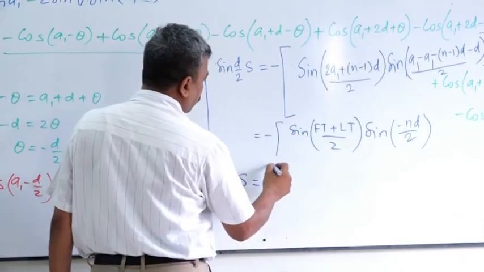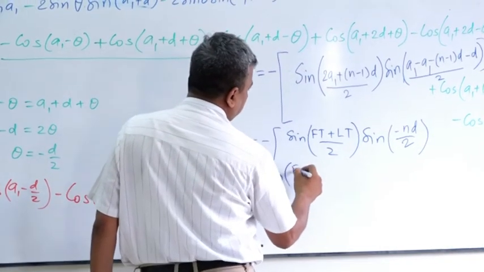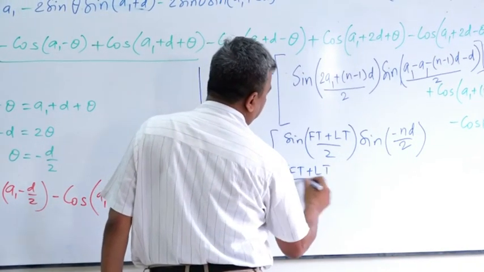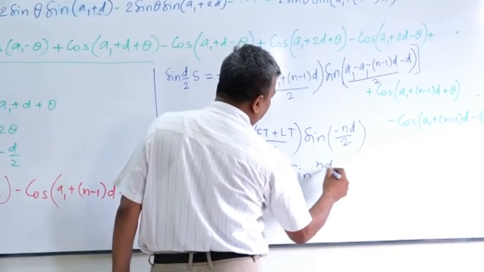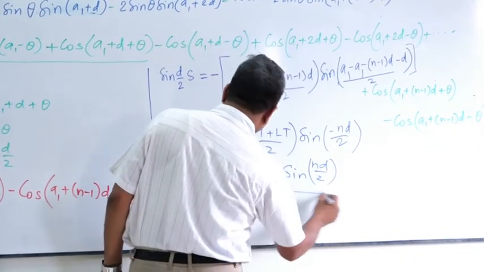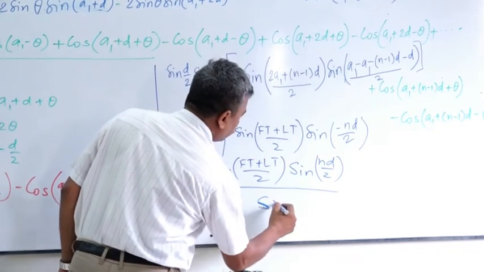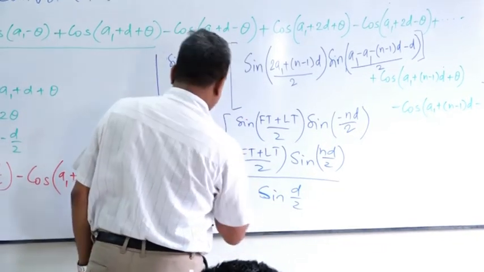S is equal to sine of first term plus last term by 2, sine of nd by 2 upon sine of d by 2.